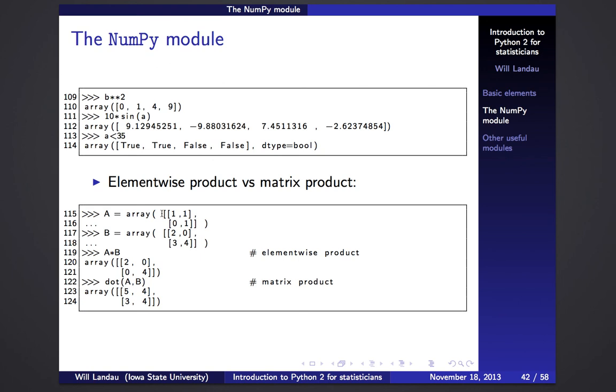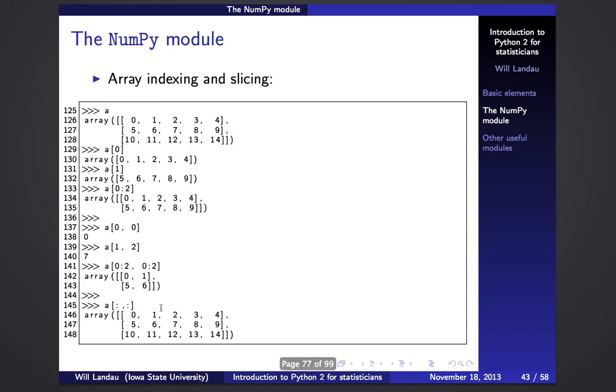It's important to distinguish between the element-wise products and the matrix products. So if I say A asterisk B, and A and B are both arrays, it'll take each of the corresponding pairs of elements and multiply the elements of each pair together. So keep in mind, element-wise product versus the dot function, which is the matrix product. You really want to distinguish between those in arrays.